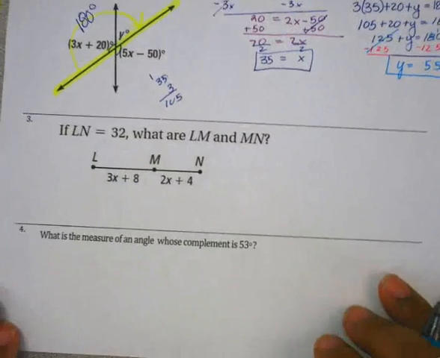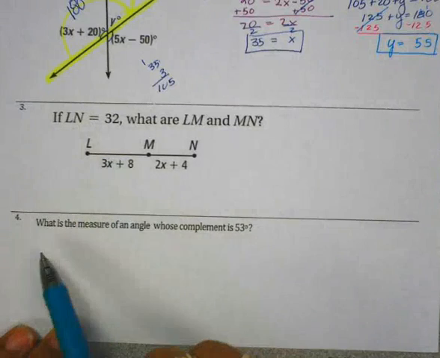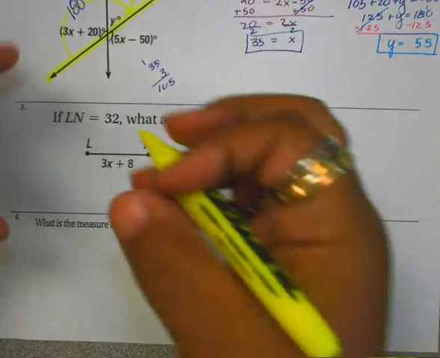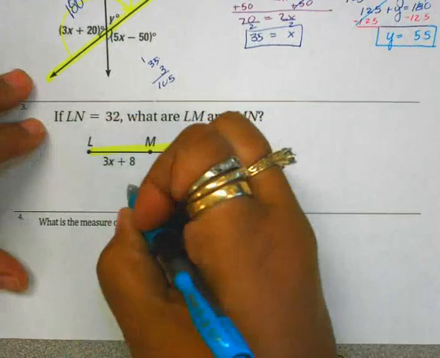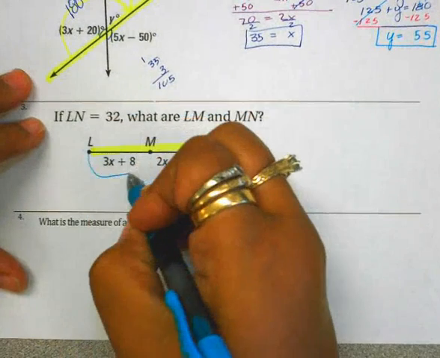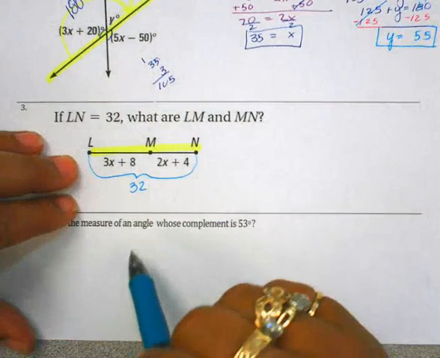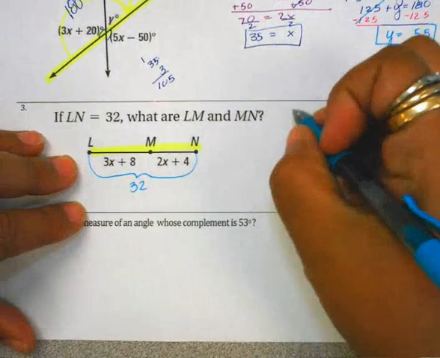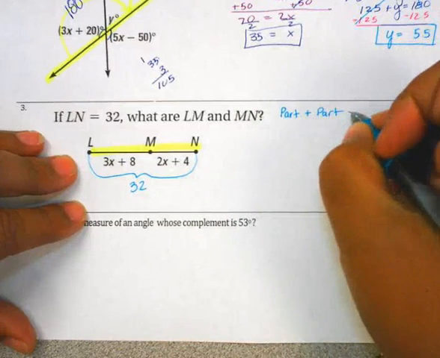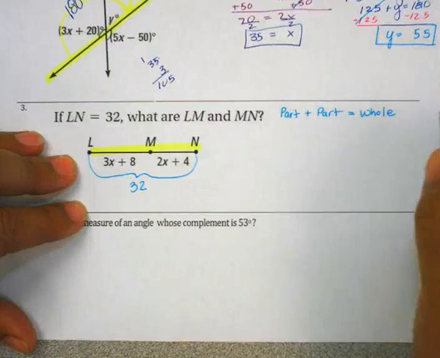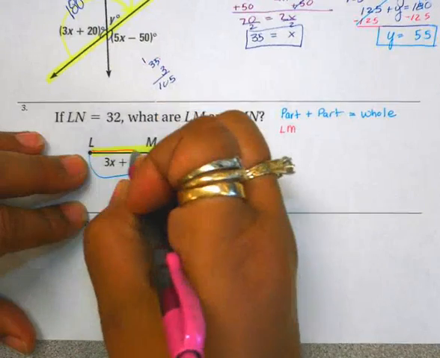Number 3. If the measure of LN is 32, so we know that this whole length of this segment is 32, what are the measures of LM and MN? This looks like a segment addition postulate. So I'm going to immediately write part plus part equals whole. My first part is LM from here to here.